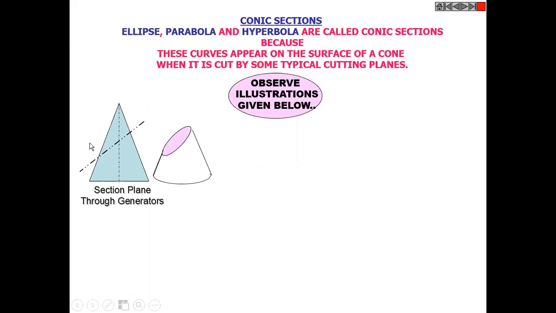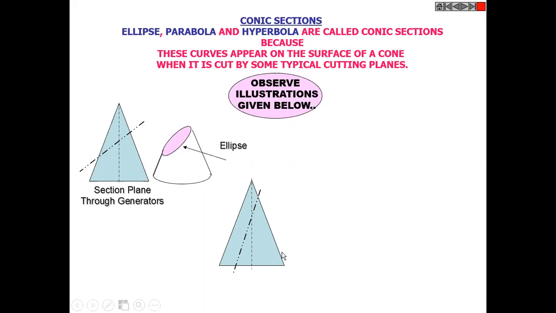Now if I cut the cone with the section plane, then the shape that appears on the surface of the cone is an ellipse.